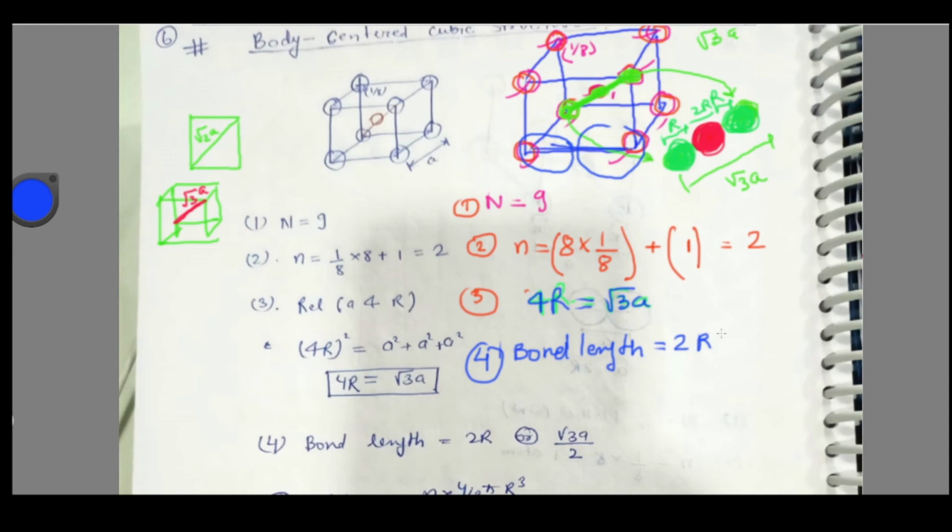And in place of r, from this relation we can write r as root 3a by 4. So we substitute the value of r, root 3a by 4, and when you solve you will get root 3 by 2 a. So the bond length is 2r or root 3a by 2.